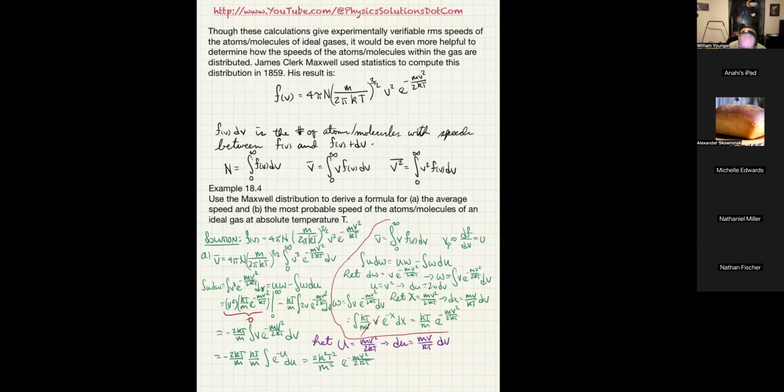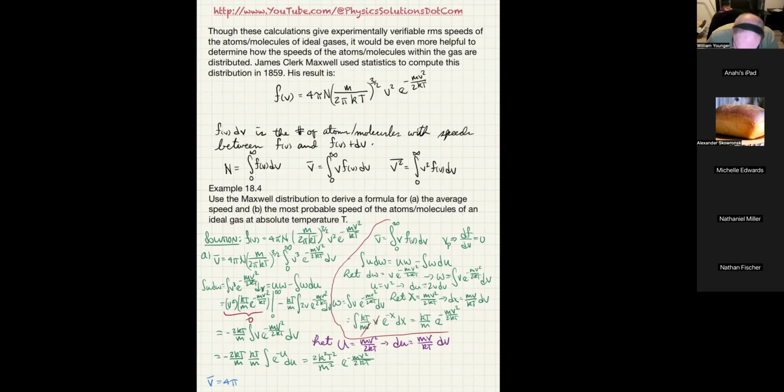Now that is a nasty mess, but hopefully y'all can all follow it. Now all I have to do is put this back in the original expression, which we have right next to the letter A. So I'm going to switch up colors too, just to make it a little clearer. So now I'm going to say V bar is equal to 4 pi.